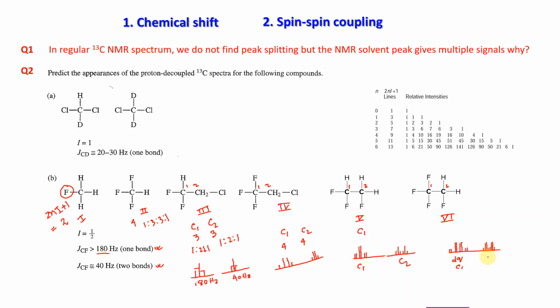So this is a quartet of doublets. That way the splitting will be observed for this type of fluorinated hydrocarbons. In this case fluorine will be causing the splitting. So I hope everybody got the point. If such a question comes in the exam, you should be able to give the answer.